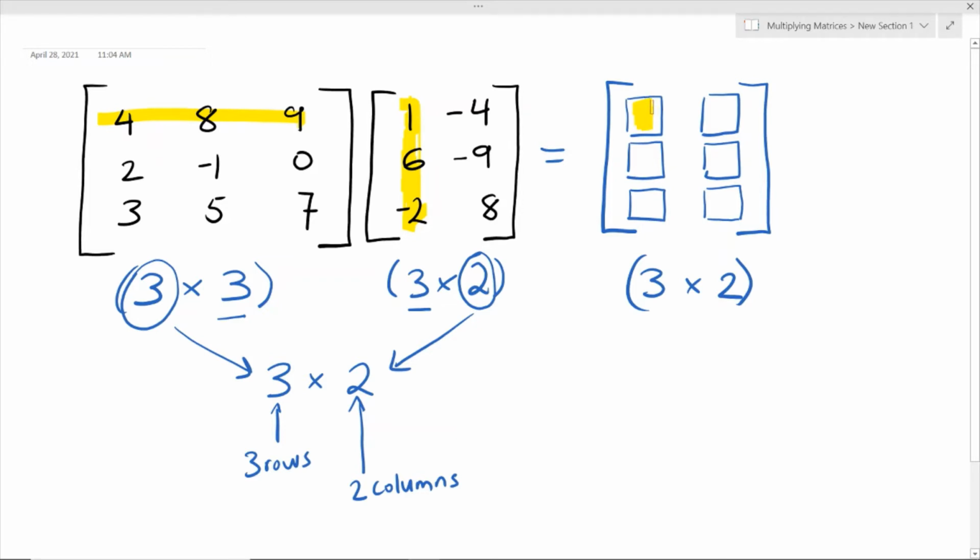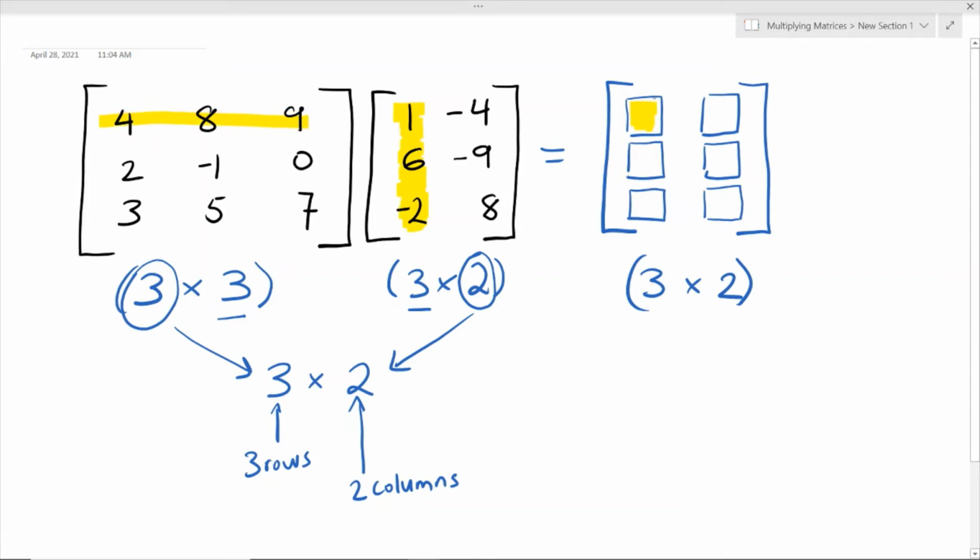This entry is also the first row and first column of the product matrix. So the first row of the first matrix and first column of the second matrix gives the entry of the first row and first column of the product matrix.